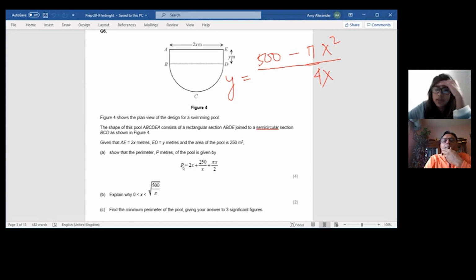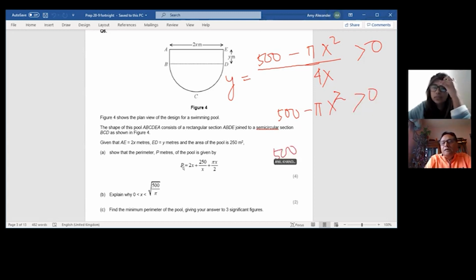But you did simplify it. Yeah, but it has to be positive. Basically, this has to be greater than 0. So in that case, the numerator cannot be negative, right? So we have 500 minus pi x squared should be greater than 0. That means 500 is greater than pi x squared, correct?